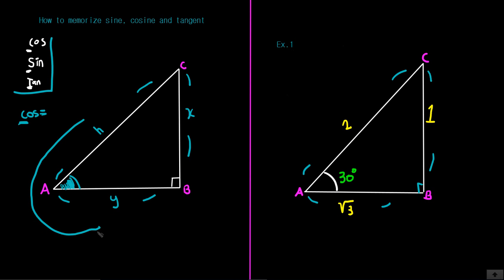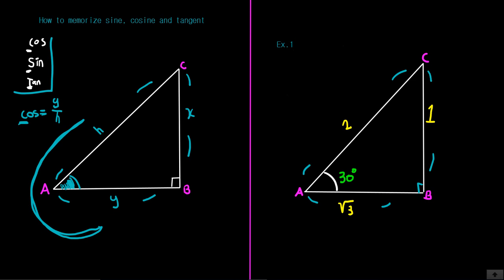This is C for cosine, the initial value, and it should always be near the central angle. If we convert into a fraction, the starting line will be the denominator and the ending line will be the numerator. So it will be h in the denominator and the ending line, which is y, in the numerator.